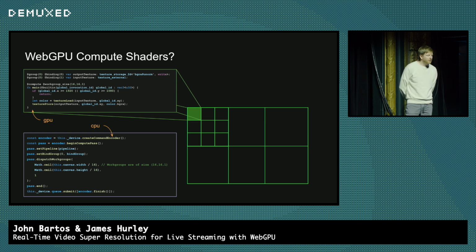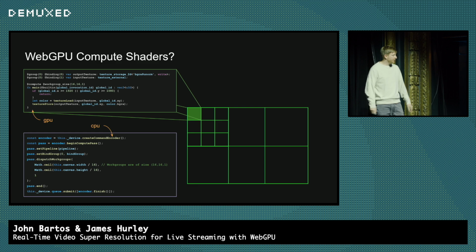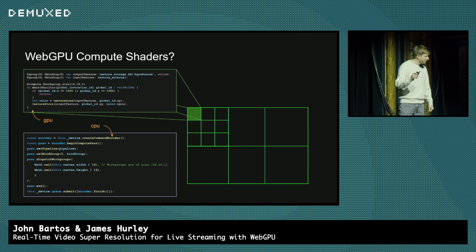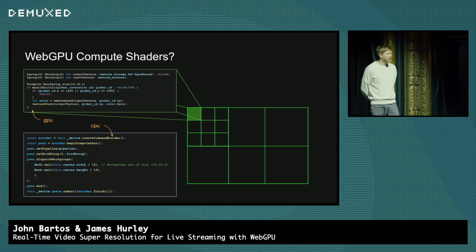So when you are calling your compute shader program, you're actually dispatching a grid of work groups, and you end up with the number of work groups times the number of threads. The nice thing about these work groups is they can share some resources like memory and barriers that are very useful for more advanced algorithms.